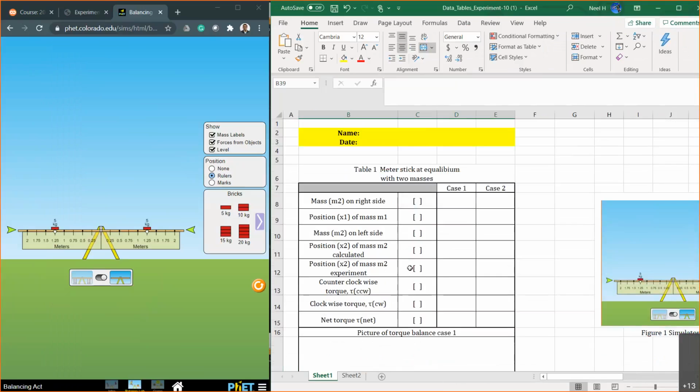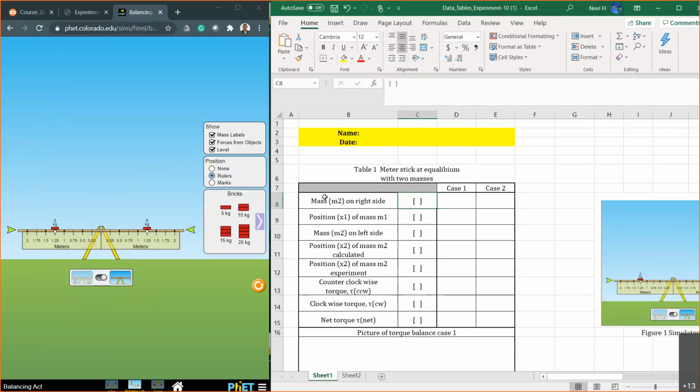I can calculate, for example, the right side torque, that's clockwise, and the left side torque, counterclockwise, and check whether those two are equal or not, right? Generally, in a class setting, we're going to get a percentage error between them. Since this part is done with the simulator, you will get a perfect result. Okay.